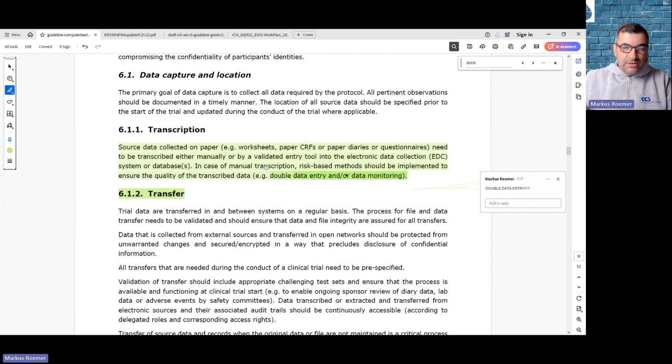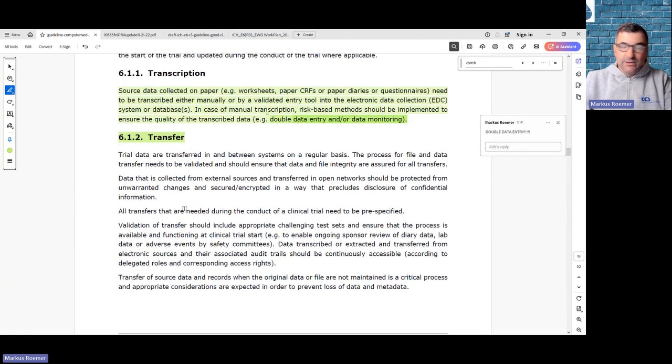So in case of manual transcription, risk-based methods should be implemented to ensure the quality of the transcribed data, double data entry. Very cool. Always think about that. The cost might be very high, or you go to a full electronic system. That would be my preference, maybe in 98% of all cases.